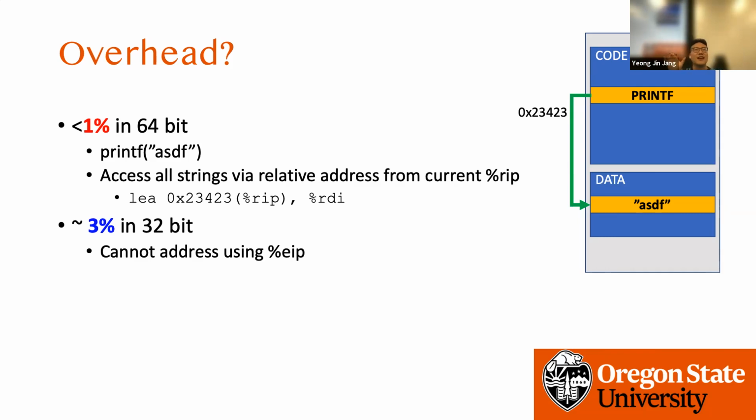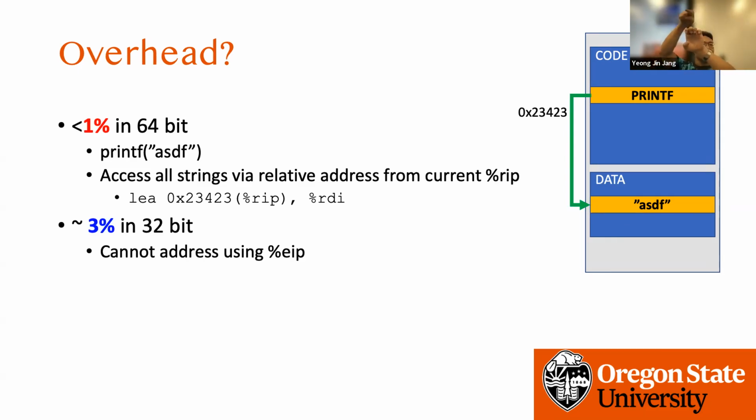So that we can use that kind of fixed address if the ASLR is disabled. But if it is enabled, we need to access all the data relative to the code address. The reason is, in ASLR, we do not shuffle all the addresses. There's a program code and data, and we shuffle them together.